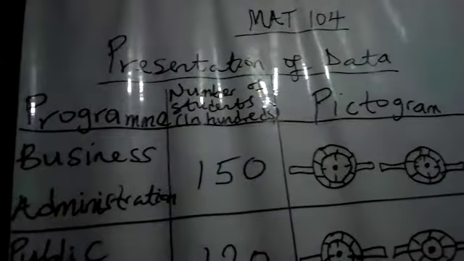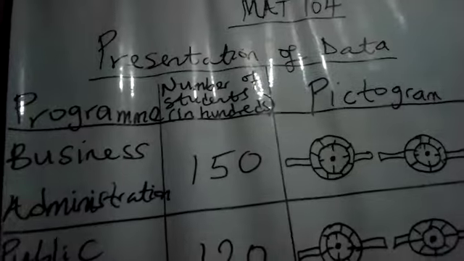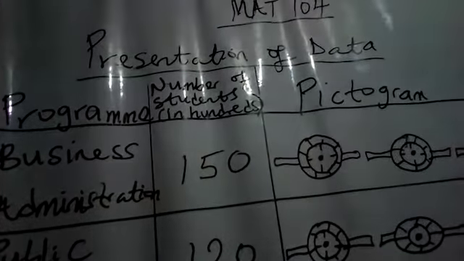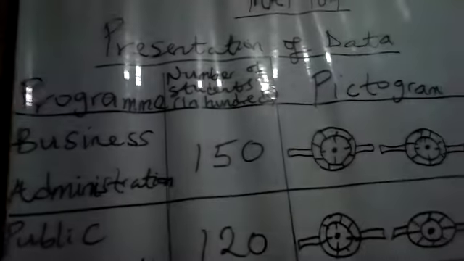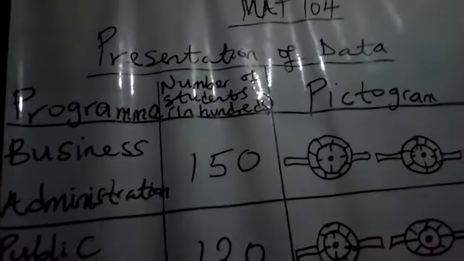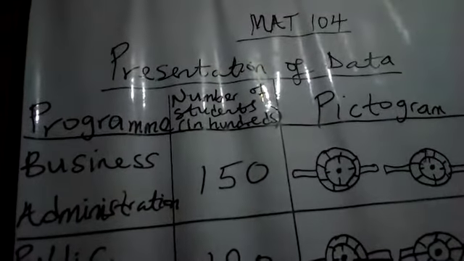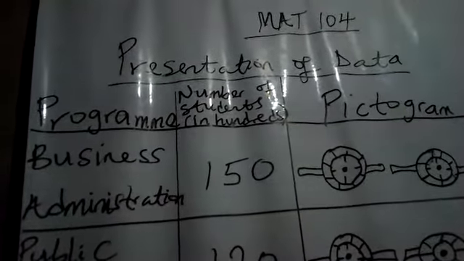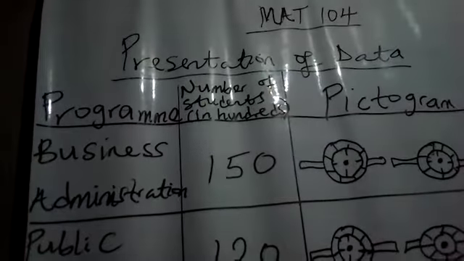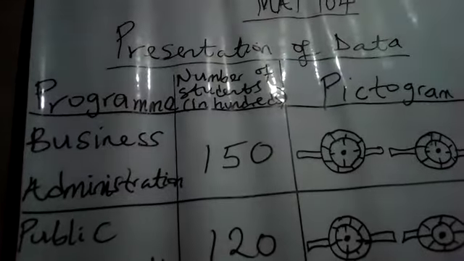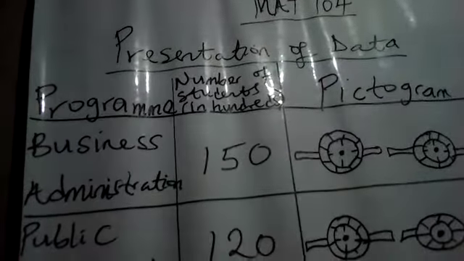Those of them wearing wristwatches, and from a business administration department, we have 150 there, but you have to remember that the 150 there, we said the number of students is in hundreds. That means we have to multiply 150 by 100, which will give us 15,000.